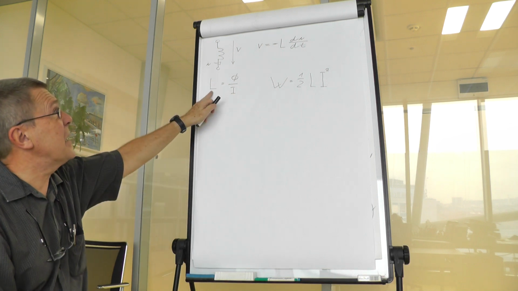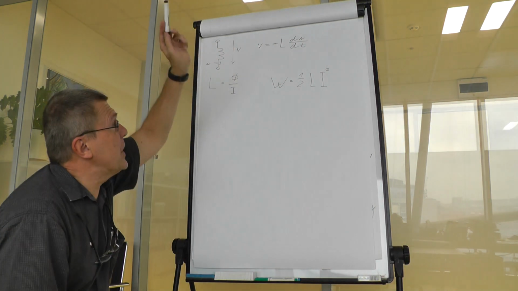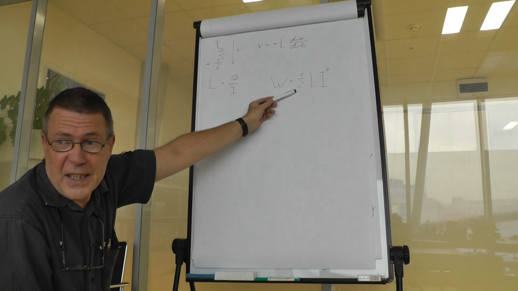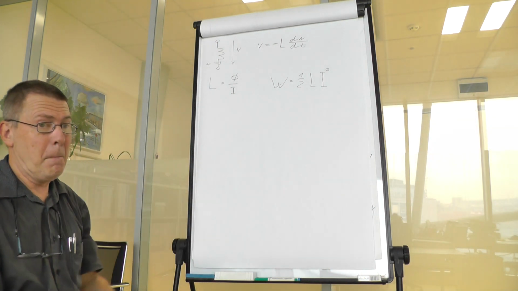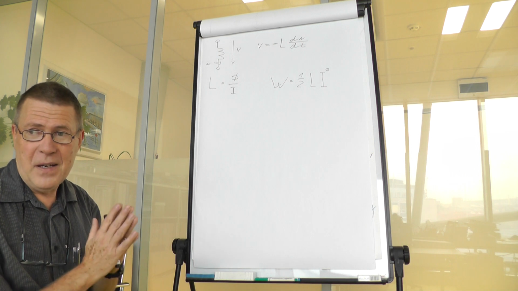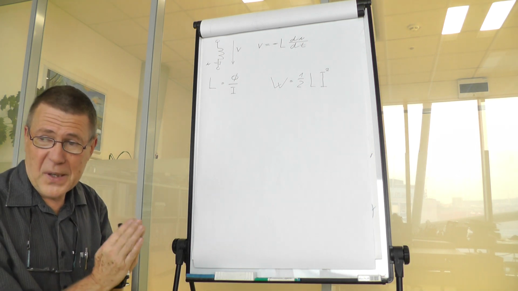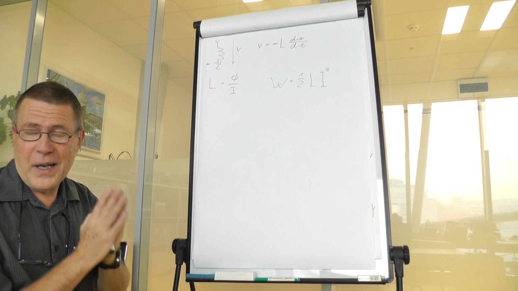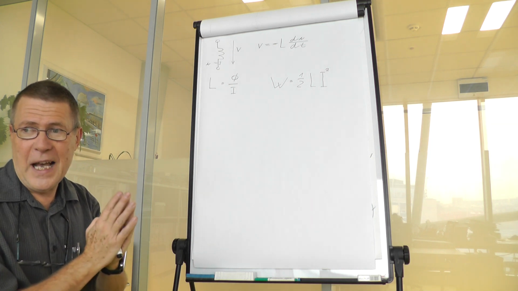So this is the static definition, dynamic definition, and energetic definition. All of those definitions refer to the same property of a coil or a conductor, which is called inductance.